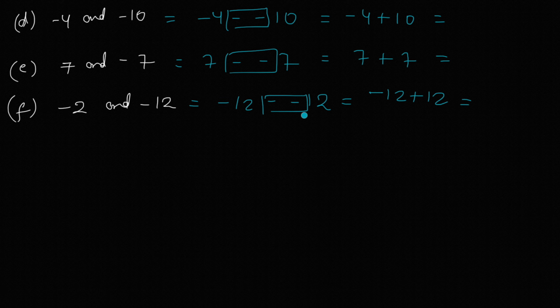Now minus plus is minus, but we're going to write the sign of the greater number. The sign of the greater number is positive, so we are not going to write any sign. So -4 plus 10 is 6. Here 7 plus 7 is 14, and -12 plus 12 is 0.